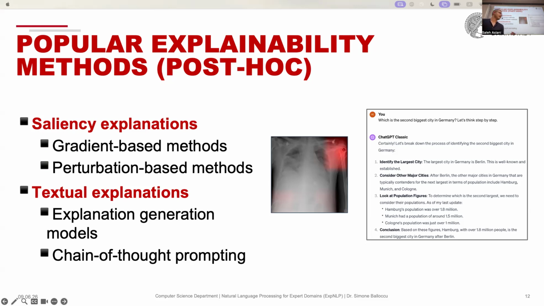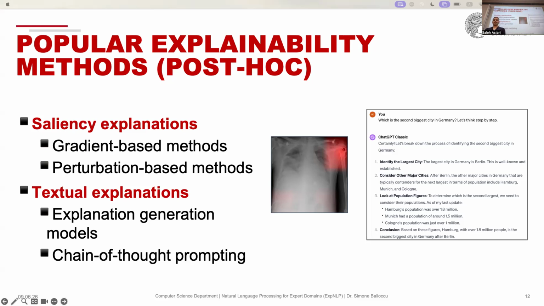For example, in our lung image, we look into which part of the image has the most effect on the prediction. And it has two methods: gradient-based methods and perturbation-based methods, which we will talk about in a minute.